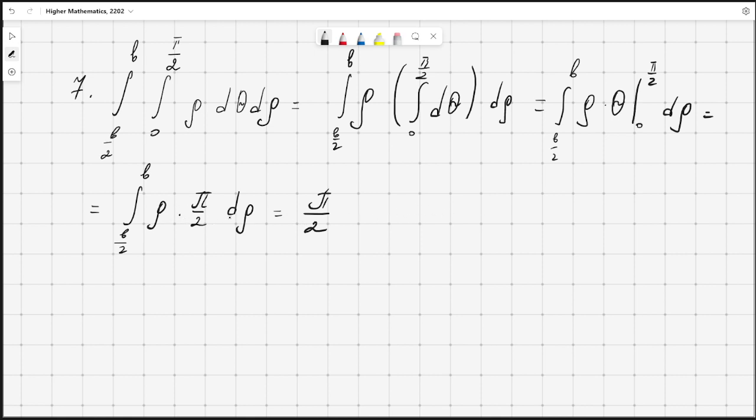Integral of rho d rho is rho squared over 2 from b over 2 to b.